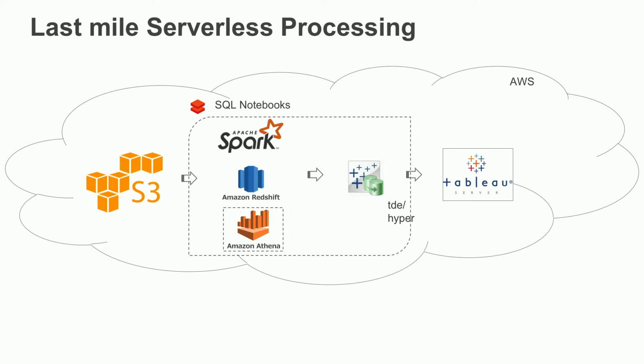Now we have the data in the cloud, we have decoupled the compute, and we use everything in the cloud to get this. Athena is something we are still working on, and we are not completely there yet. But Redshift, we use a lot of Redshift. We use Spark to get to a place where Tableau can access the data through either a TDE or Hyper, which is coming soon.